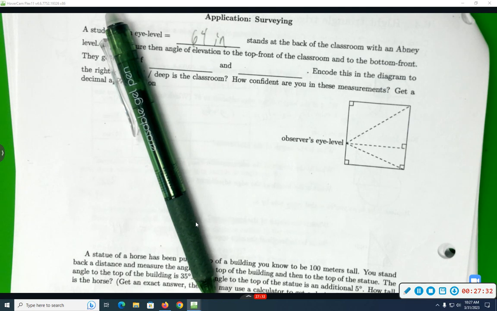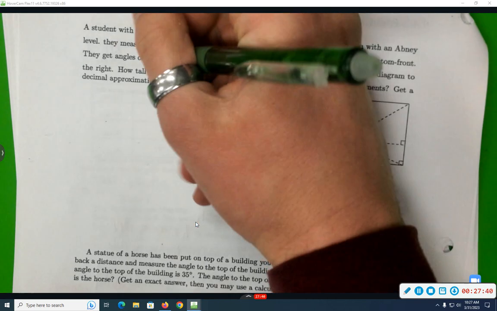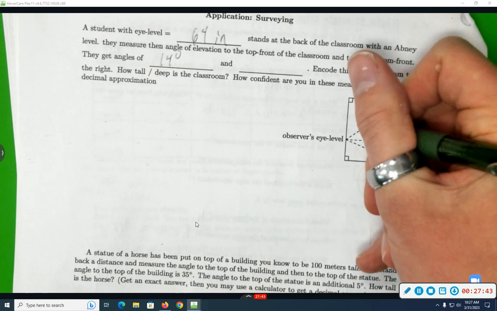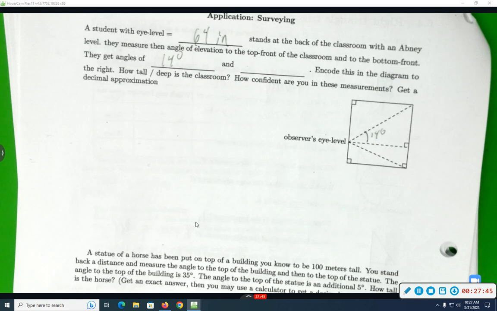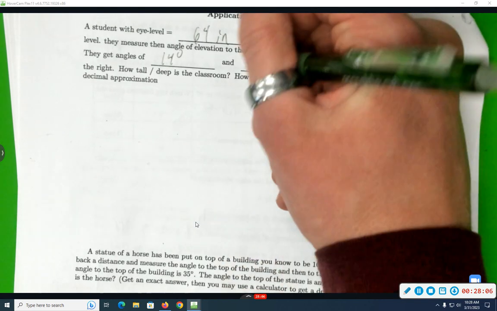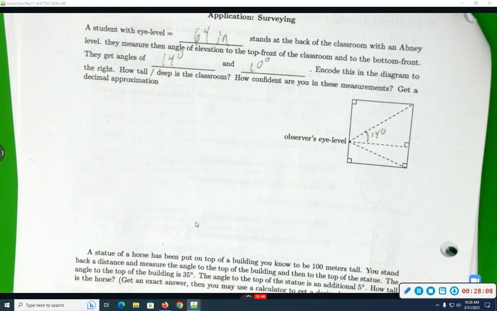Okay. 14 degrees. So it was 14 degrees to the top of the classroom. What's the measure of the angle to the bottom of the classroom now? You're going to need both of those to determine this. Degrees to the bottom of the classroom. Nice. All right. Those are the measurements I need.